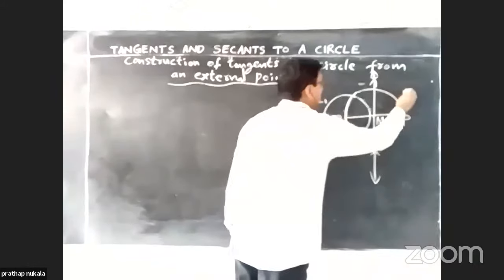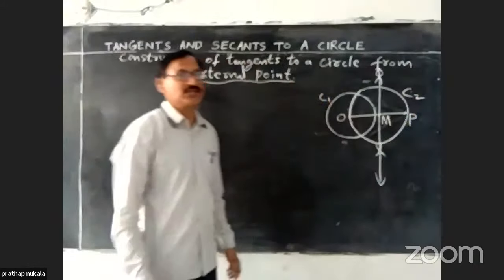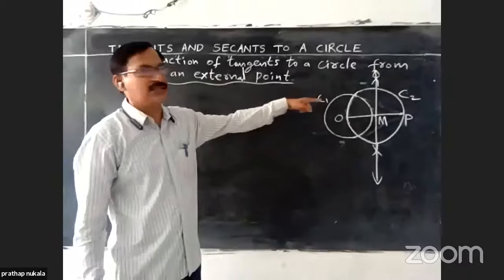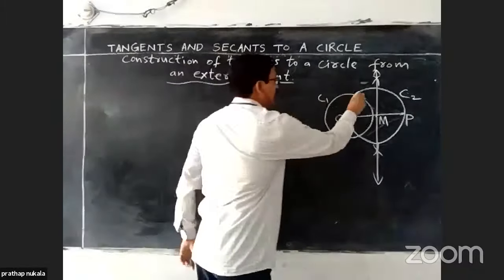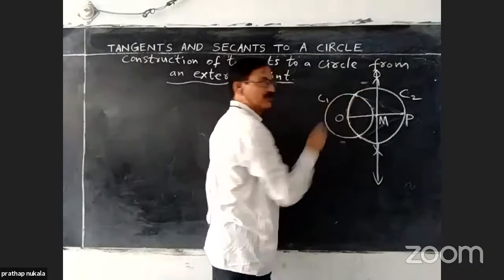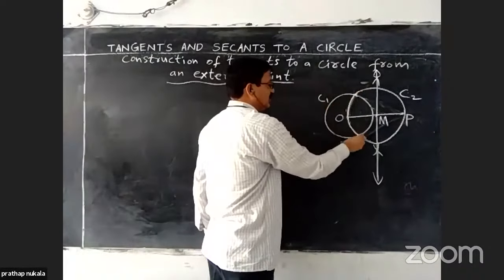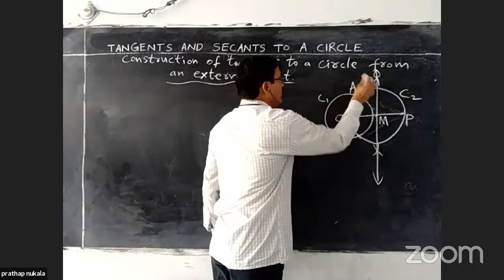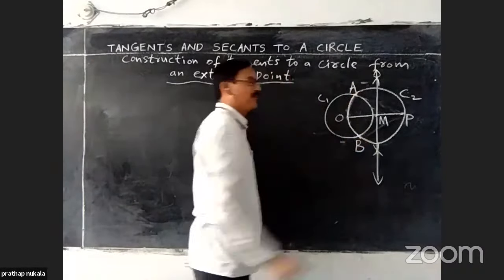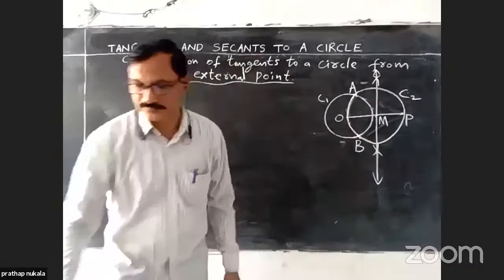Draw another circle C2, which intersects the previous circle C1 in two distinct points. Observe here. These two are intersection points of the two circles. Name them as A and B.